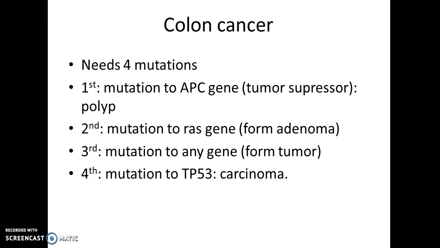The third mutation happens to any gene. And the fourth mutation happens to TP53, and then you form a carcinoma, which is the bad form of cancer. The best way to prevent this is by increasing fiber intake so you keep things moving so your cells aren't exposed to toxins for too long.